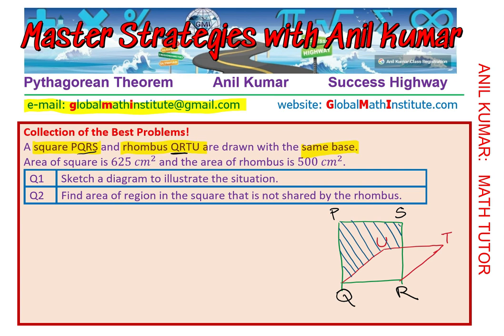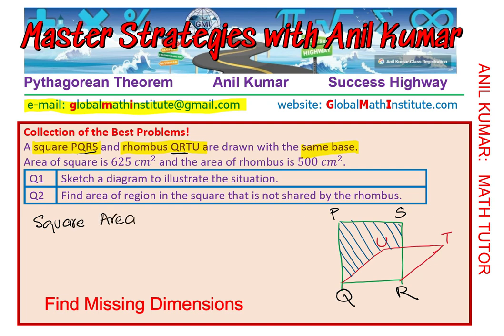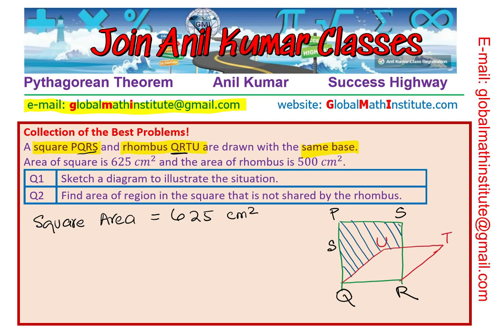Okay, now let us try to solve this. So let's begin with what is given to us, which is a square area equal to 625 centimeters square. So if the side is S, in this case, side length will be what?